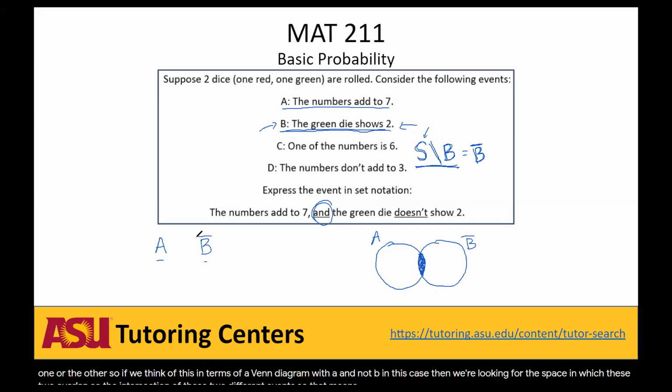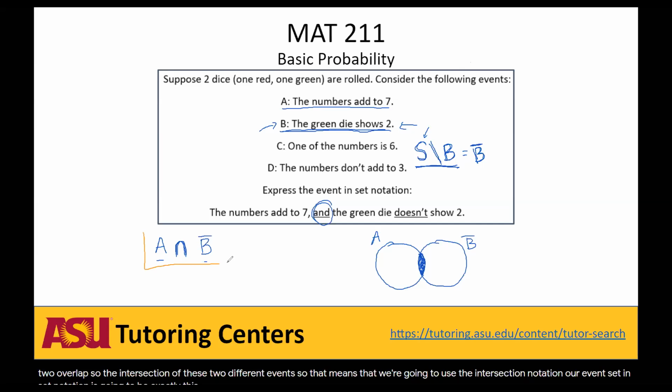That means that we're going to use the intersection notation. So our event set in set notation is going to be exactly this. So that's it. That's all there is to this problem.